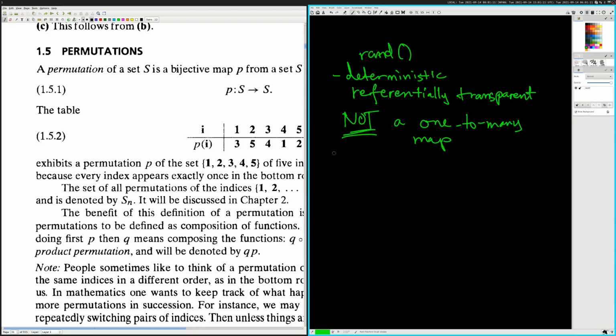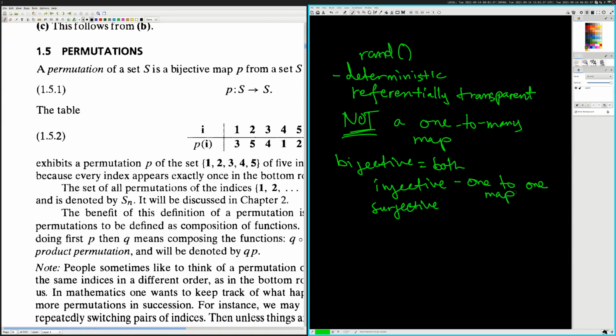Okay, and then bijective means it is both injective and surjective. So injective means it's a one-to-one map, meaning that it's not a many-to-one map.